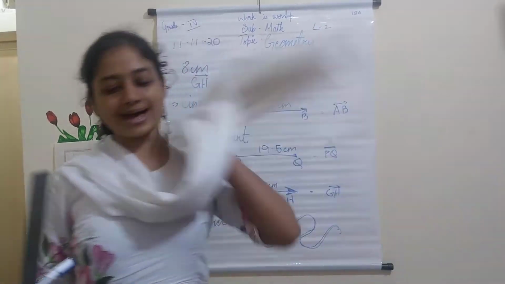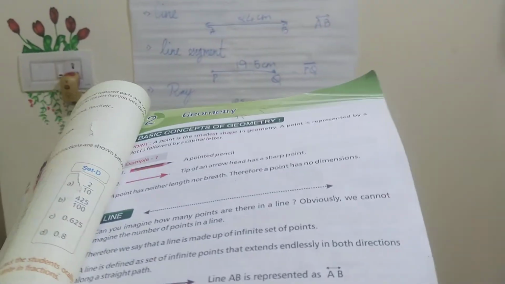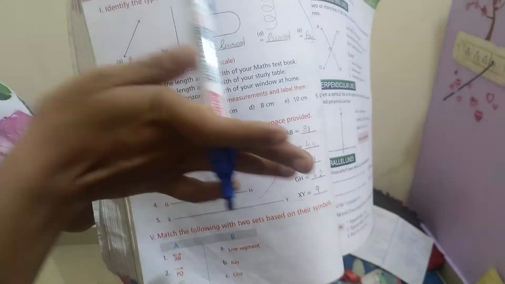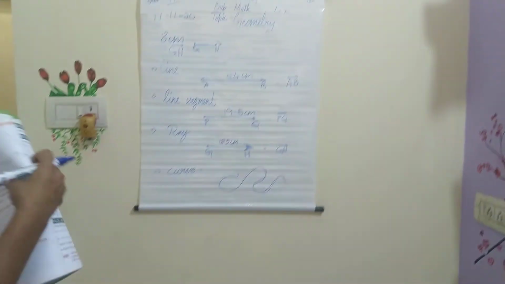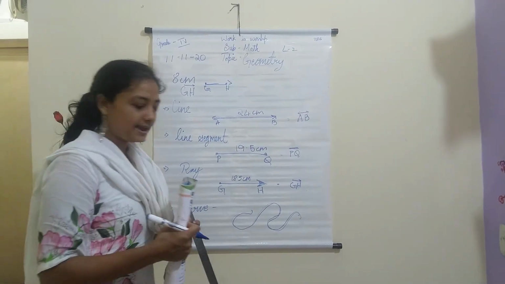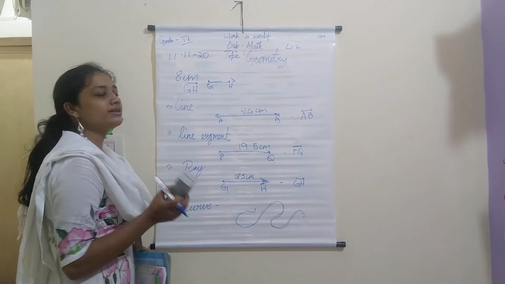Sem 2 Maths, page number 89, lesson number 2. You have to go to exercise 2.1, page number 92. I'll be writing the answers for you side by side. I want you also to write the answers in your textbooks.